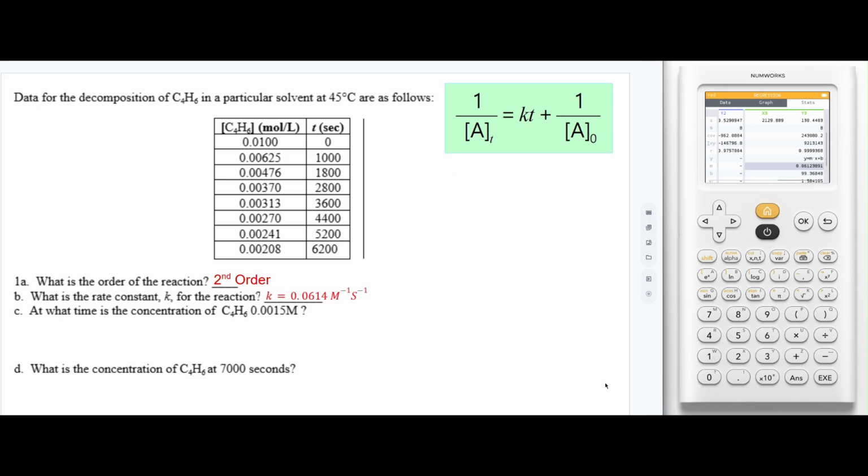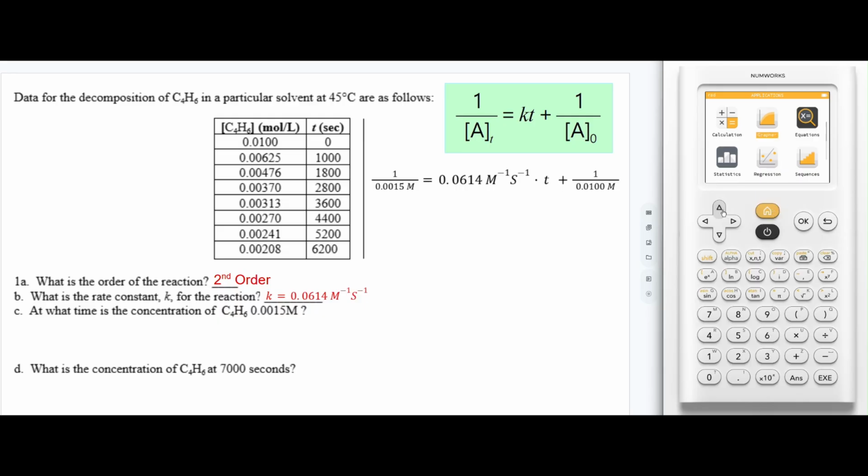Now we get to find out at what time the concentration of C4H6 is 0.0015 molarity. So again, we're going to plug in our values, except this time we're going to solve for T. We're going to go back to calculation and we're going to isolate T. So 1 over 0.0015 minus 1 over 0.01.